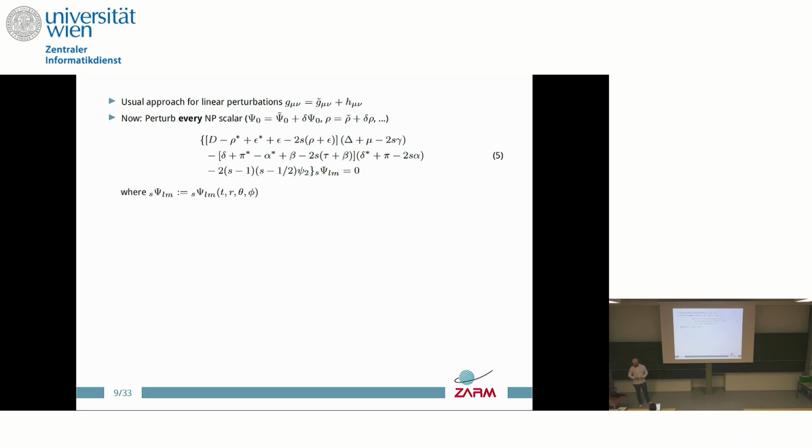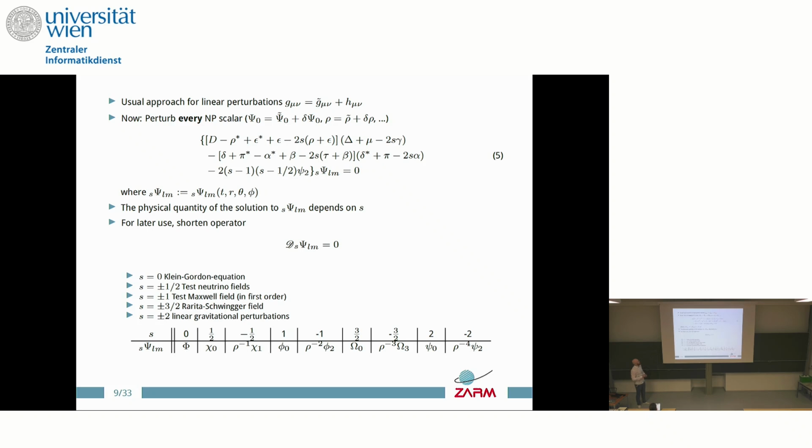And then you take everything you have derived in this context and perturb this linearly. And by this, in the end, you will get a differential equation which looks like this in all of these Newman-Penrose scalars, which is also looking very complicated. And it is a second-order partial differential equation for a yet unknown function psi. So psi is depending on t, r, theta, and phi.